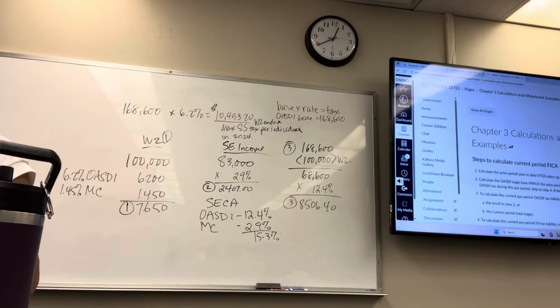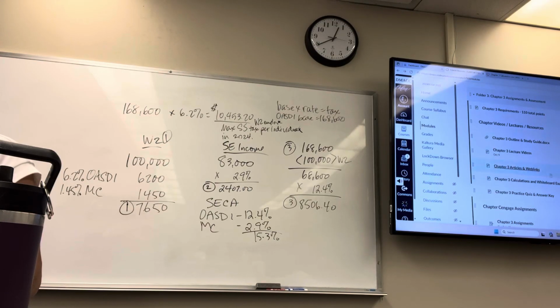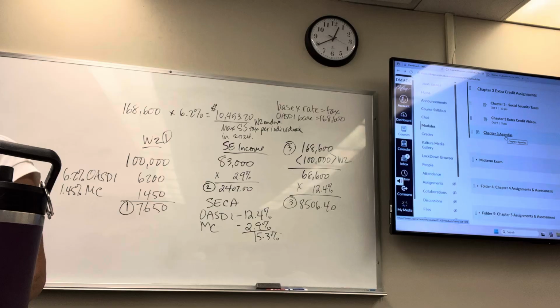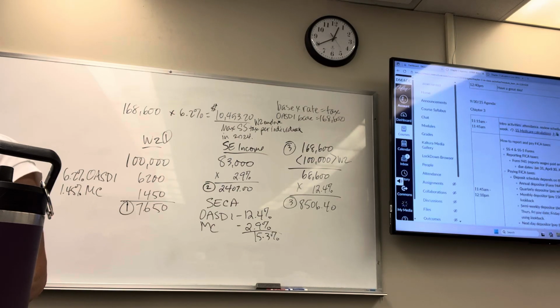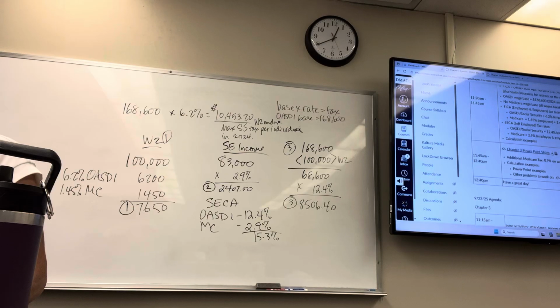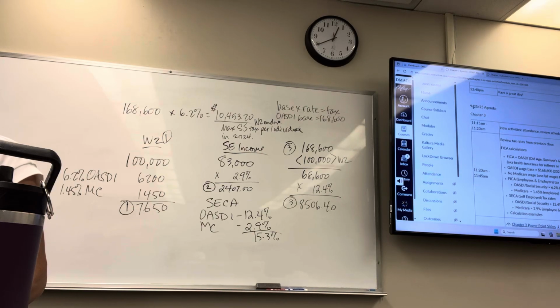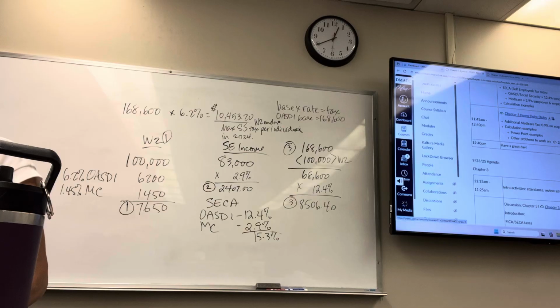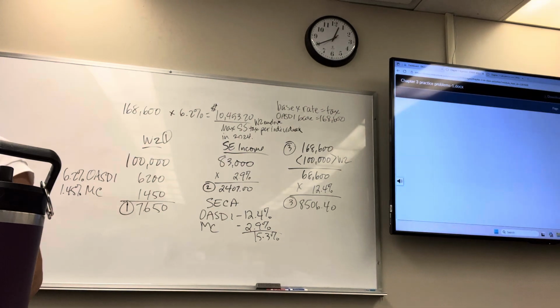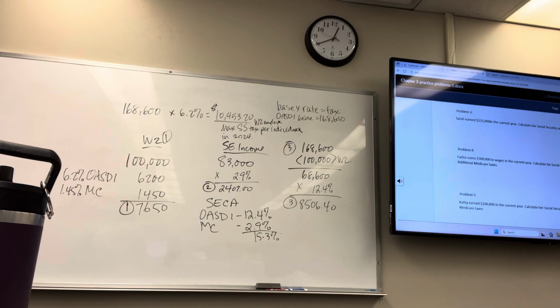What I have in here, I want to point you under the Chapter 3 agenda. If you could go to your Chapter 3 agenda, under today's schedule, which today's the 25th, there is a document called Social Security Medicare Calculations. It's right at the end of the day there. Click on that. I have 12 sample problems that you can work on.